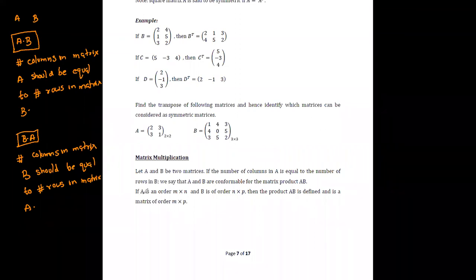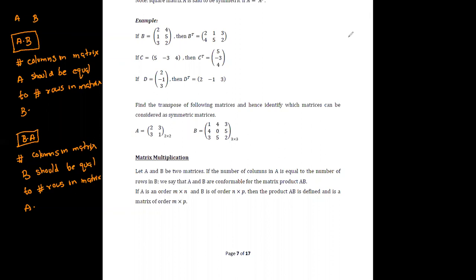Let A be a matrix of order m by n, and B a matrix of order n by p. If the matrix product A times B is defined, meaning the two matrices are conformable for the matrix product, then the dimension of the result is m by p.